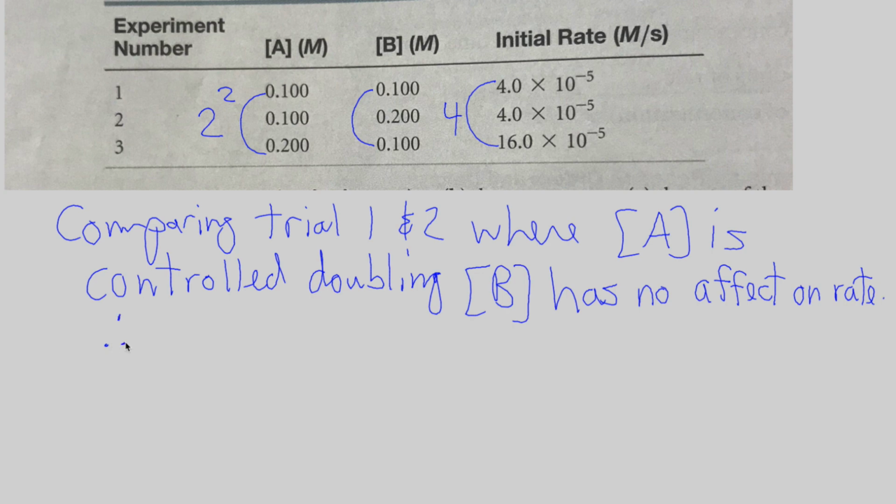Therefore, B is zero order, and you can use RCT for reactant.